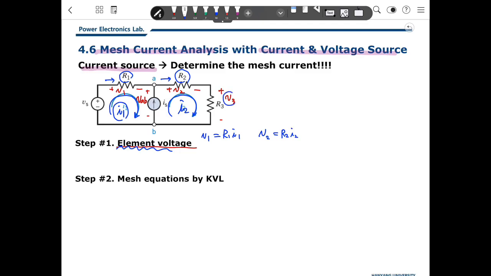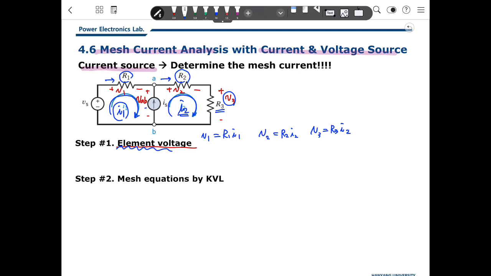And what is V3? V3 is the resistor here, so the only current flowing through R3 is the mesh current I2. So there will be R3 and I3. Oh, excuse me, this is not 3, this is 2.